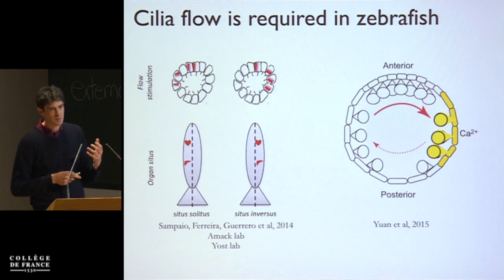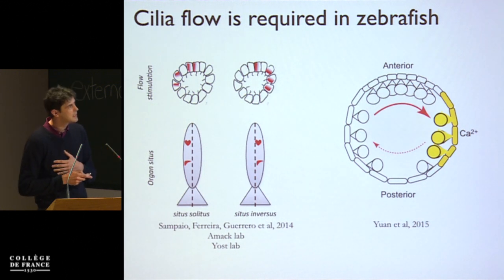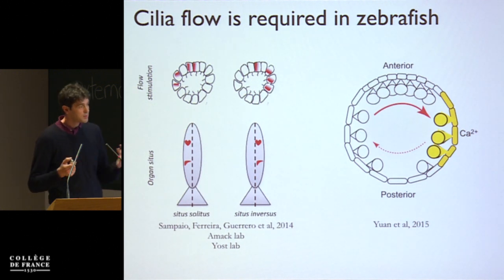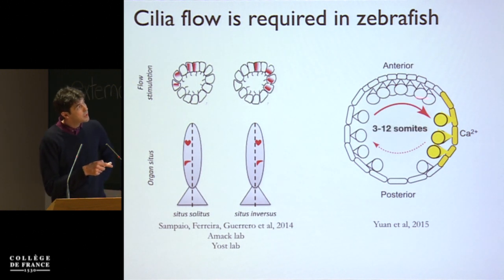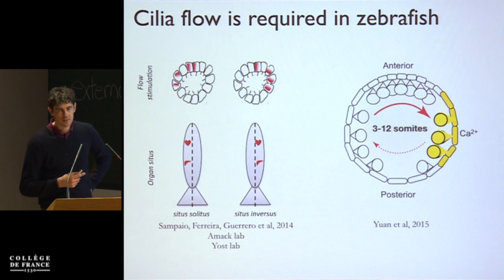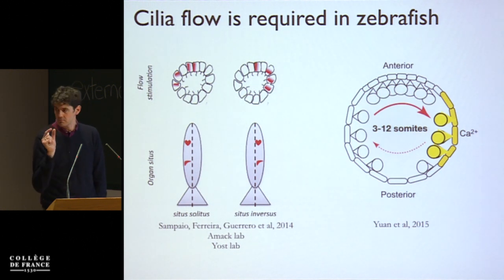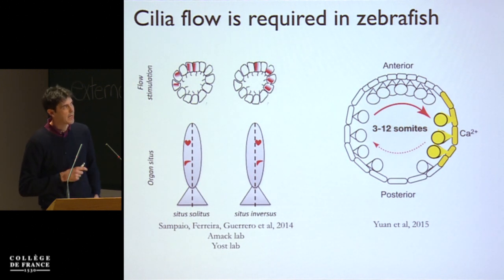If you mess around with cilia motility, you will have left-right defects. And people, through live imaging, were able to show that symmetry breaking happens in the cells of the left-right organizer themselves. And the first sign of asymmetry comes from asymmetric activation of calcium signaling on the left side of the left-right organizer. And this is happening within a fairly narrow time period, which corresponds to 2 to 3 hours.